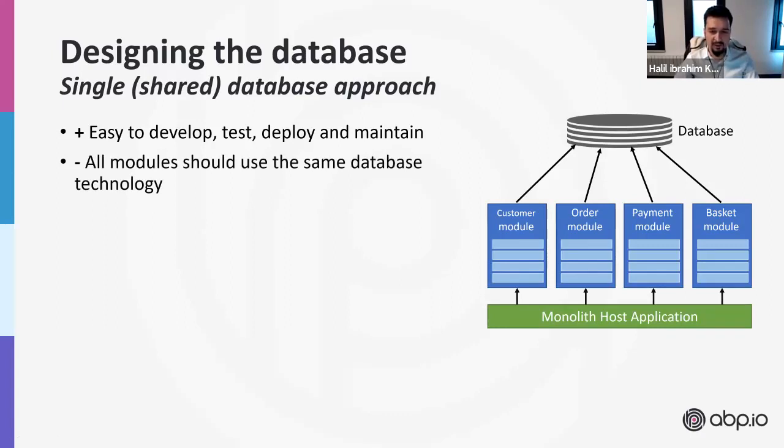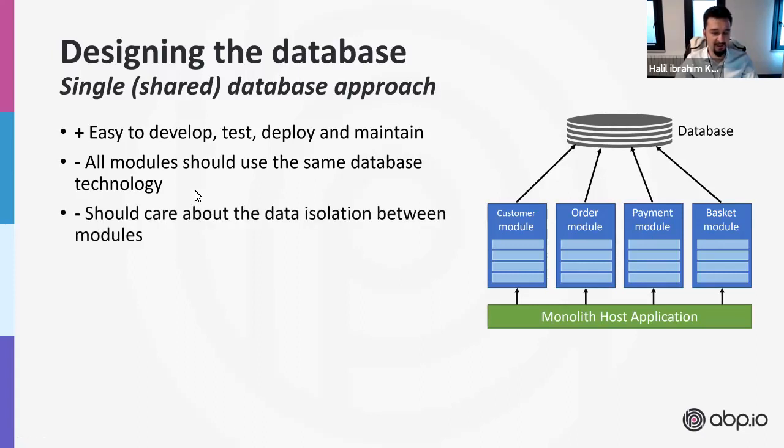A drawback or a problem of this approach can be if, for example, your payment module wants to use MongoDB and the order module wants to use SQL Server, then this may not be possible because all modules should use the same physical database with this approach. And you should care about the data isolation between modules.